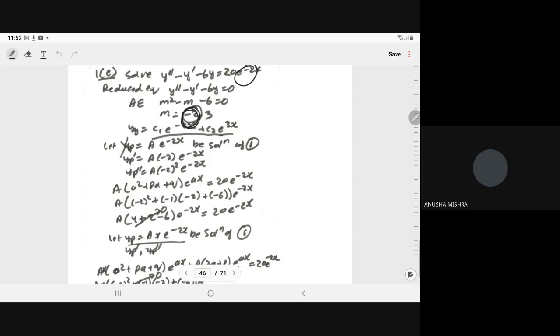So the auxiliary equation is m square plus pm plus q equal to 0, that is m square minus m minus 6 equal to 0. When we put -2, 4 plus 2 minus 6, automatically it will come 0. That's why I'm saying here this will become 0.